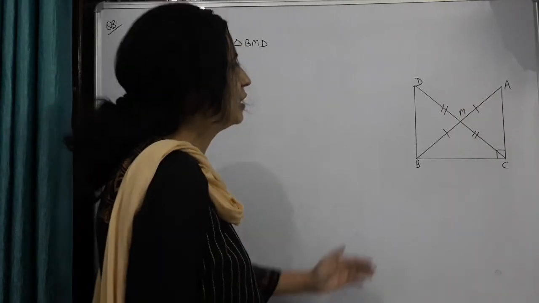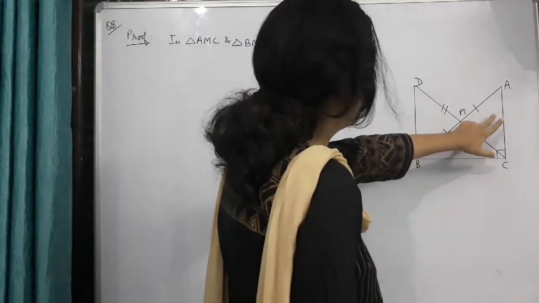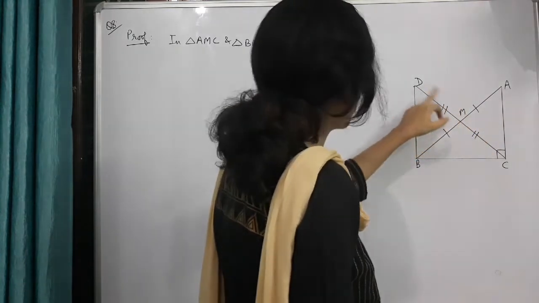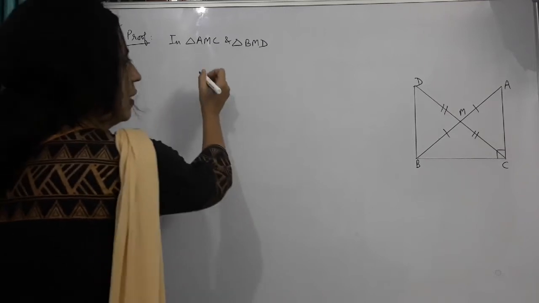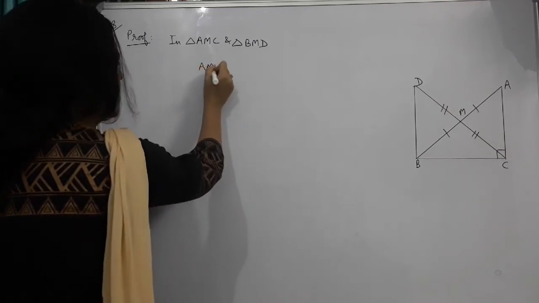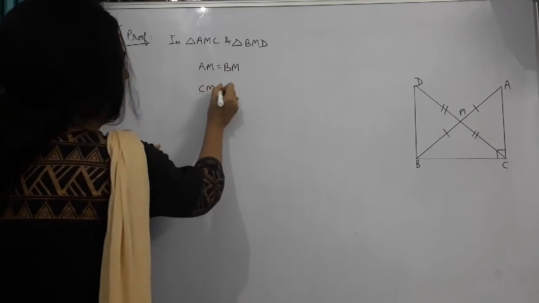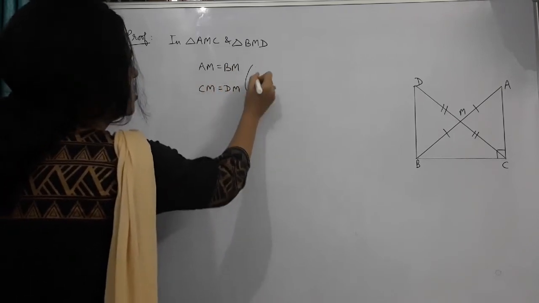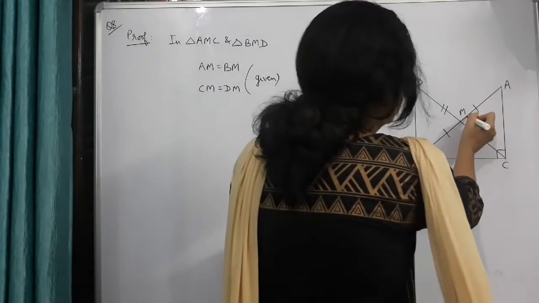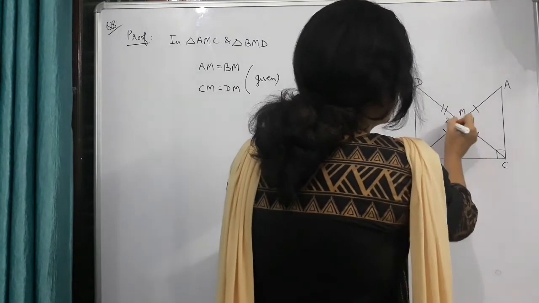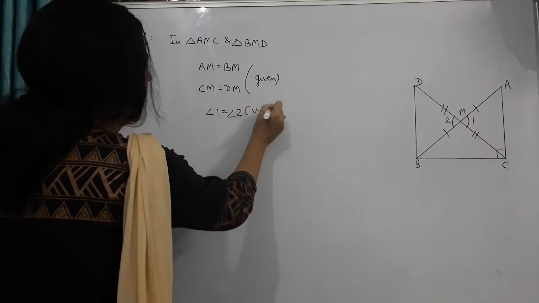Now let us start off with the first part. Over here we have to prove that triangle AMC is congruent to triangle BMD. So over here, as you can see in the figure, AM is equal to BM, which is given to us. CM is equal to DM. This is also given to us. And we can see that angle 1 is equal to angle 2, as they are vertically opposite angles.